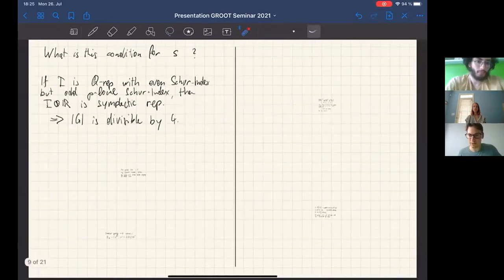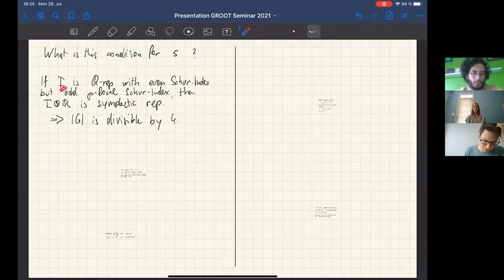So let's talk a little bit more about this condition for S. So if I is a rational representation that has even Schur index, but there's odd p-local Schur index everywhere for the p's. So there's a theorem that the rational Schur index is the greatest common divisor over all p-local Schur indices and over the real Schur index as well, which is a bit more well known.